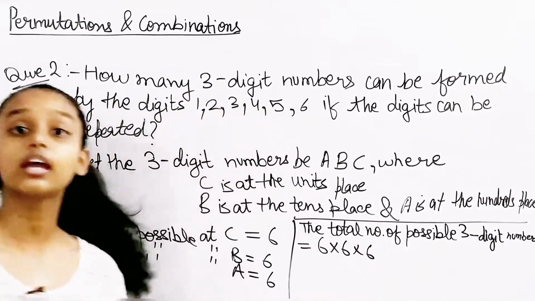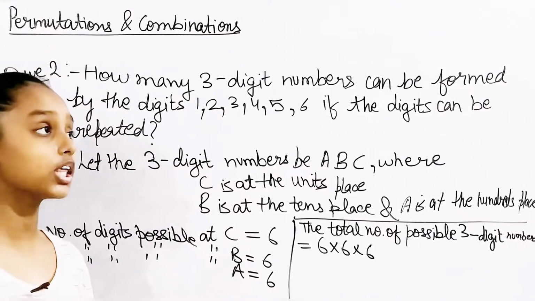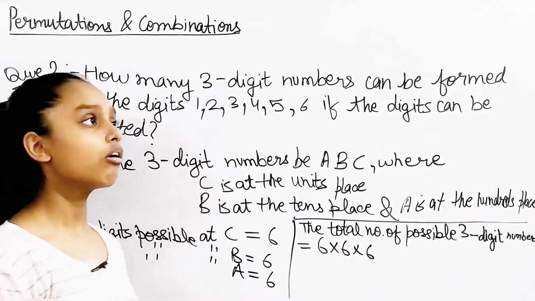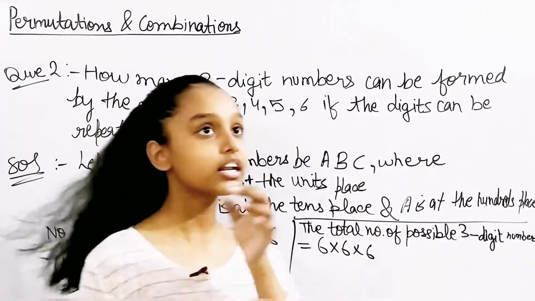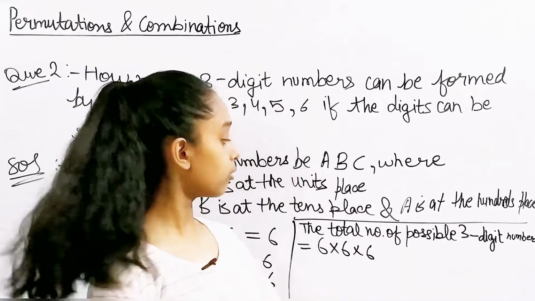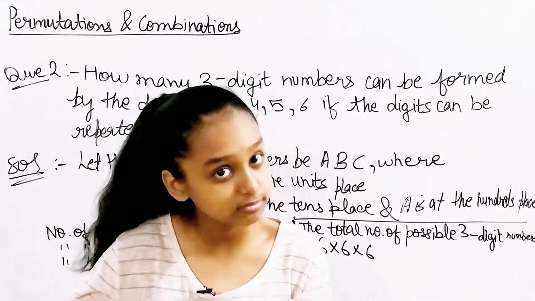So here we're using the multiplication principle. In the multiplication principle, we had two ways, m into n ways. Basically, what we're doing here is multiplying, so we can take it as m into n into o ways.